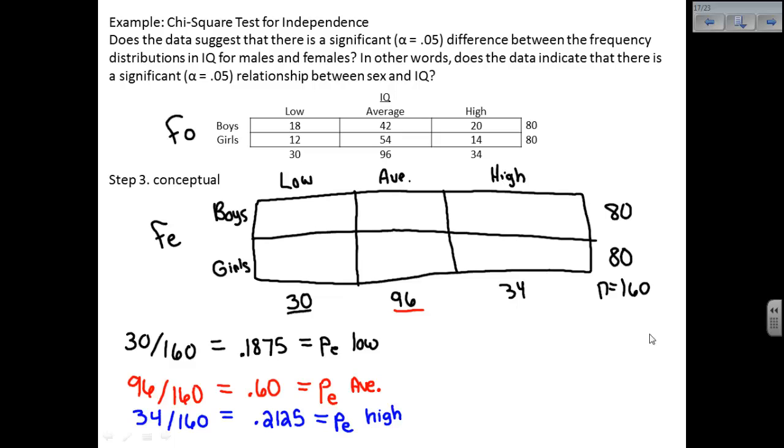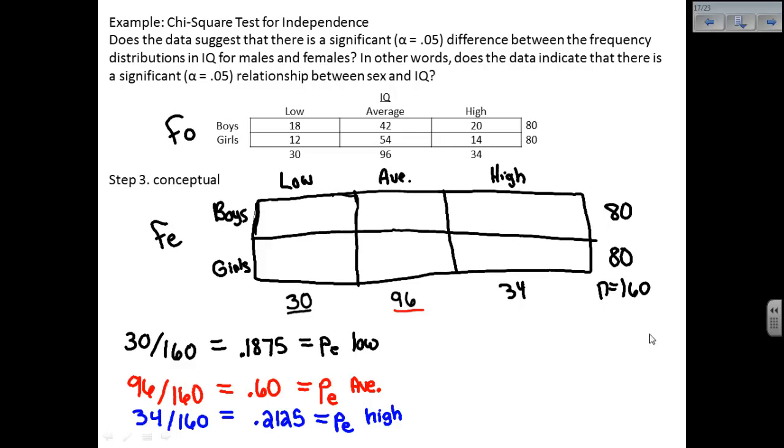So when we do our calculations up here, we're still going to be doing, just like we did for goodness of fit, PE multiplied by N to figure out how many would be in each group if we had an equal distribution based on sex for IQ.